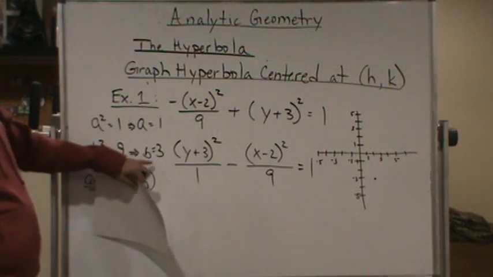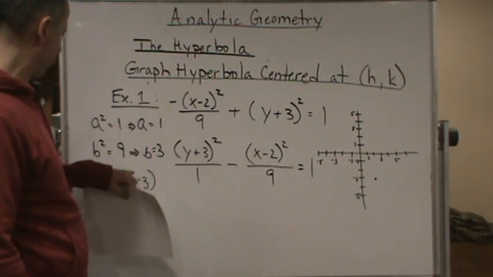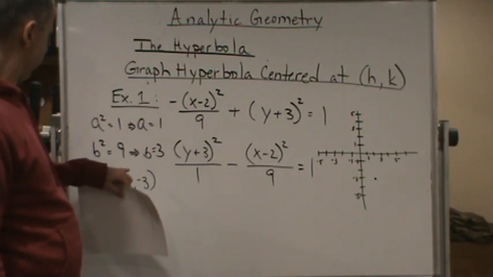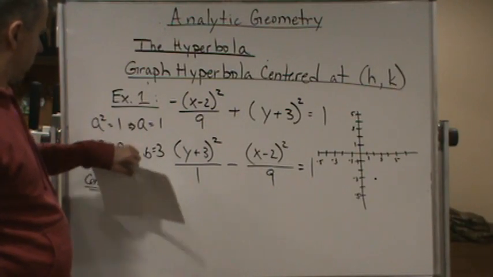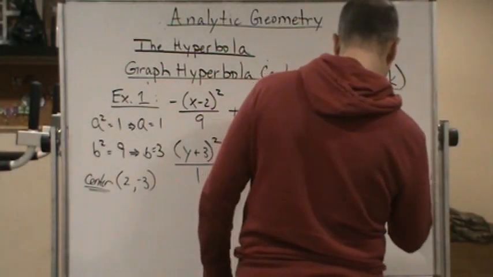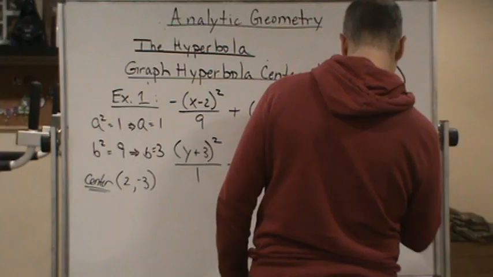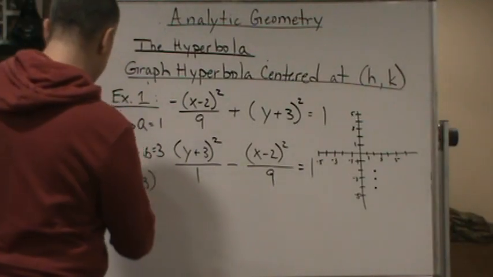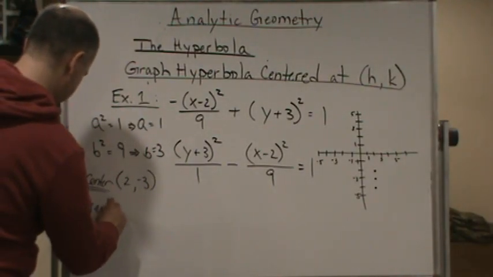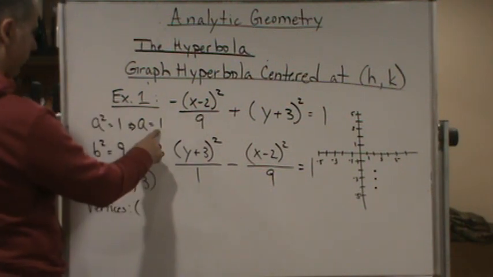And then b is telling us where the box is. Now, since this is going vertical, we know that the foci are going to be along the vertical. So a is 1, which means the vertices are going to be located here and here, right? They're 1 away from the center.